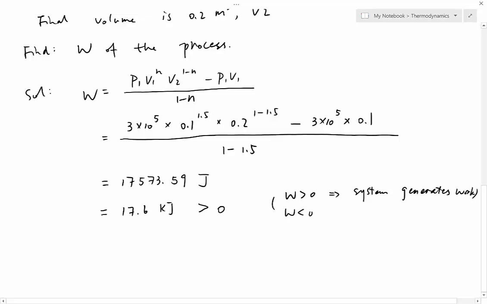If your solution work is negative, what does it mean? System consumes work. This is an expansion process, so the gas will push the piston up, generating work so you can drive your car. So that's why your solution must be positive. Okay, so that's the example.